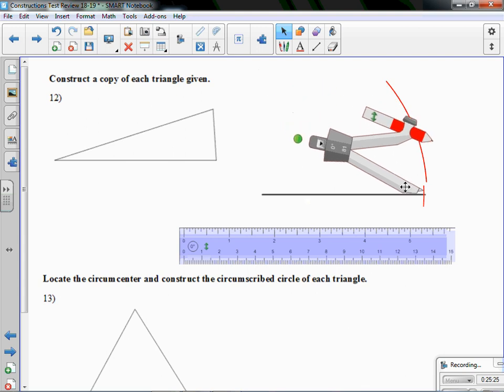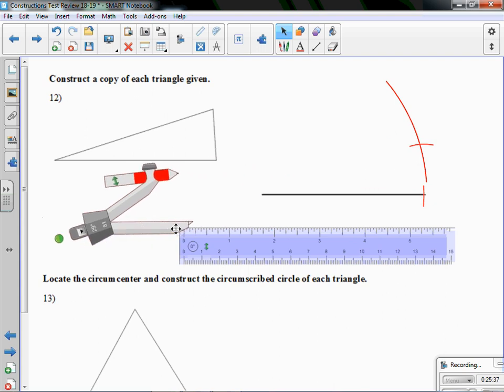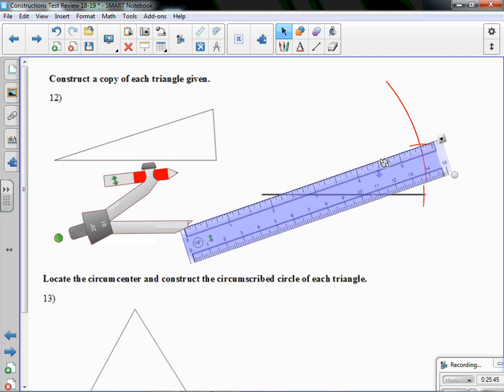Put the point of my compass at the end of that segment down here at the bottom. And mark where it crosses, like so. So this is what should be this point right here. And so now I just need to connect that intersection with the two endpoints of my bottom segment.